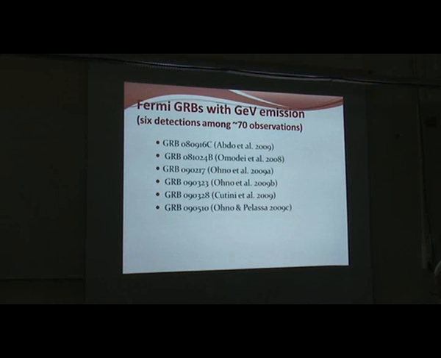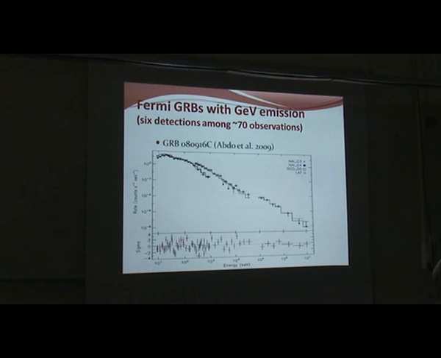Okay, the Fermi Gamma-ray Space Telescope was launched last June. So far, about 6 bursts with significant GeV emission have been reported. Some bursts are really interesting. For example, in this burst, the high energy spectrum is a single power law up to an energy of about 10 GeV.